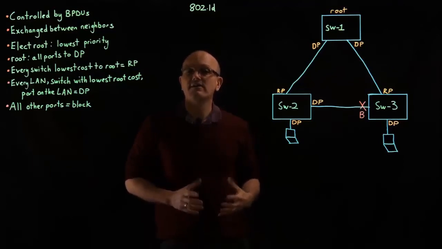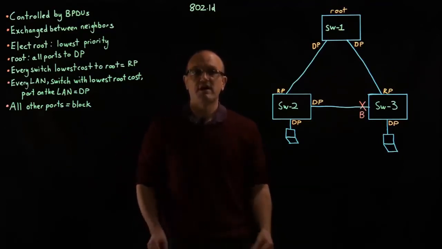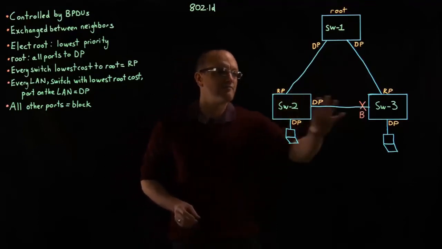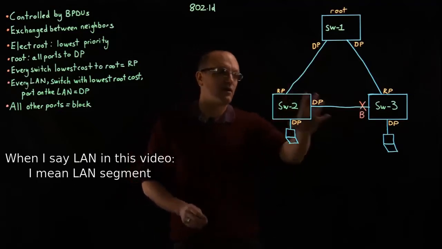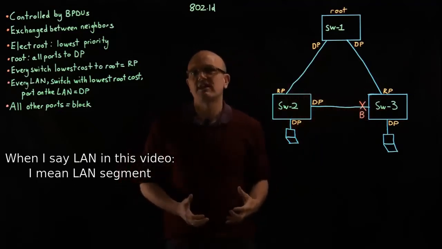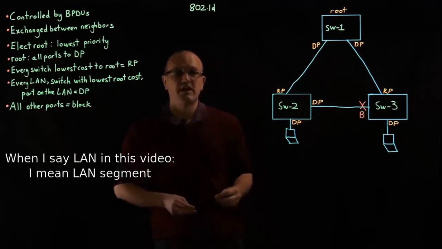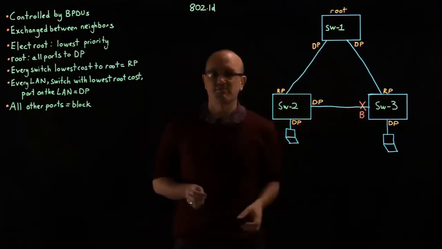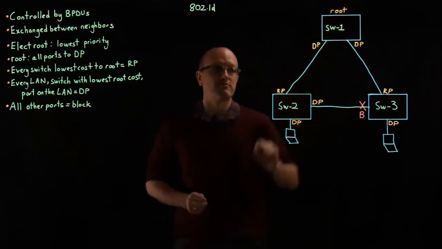And then the final step of the spanning tree process is that we look at every LAN on the network. And for every LAN on the network, we first elect a designated bridge. A designated bridge is the bridge that has the lowest root cost to the root bridge.